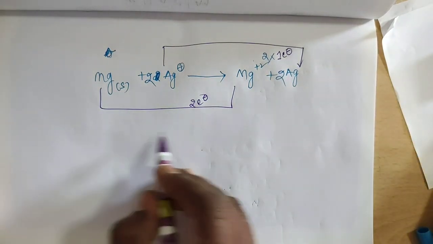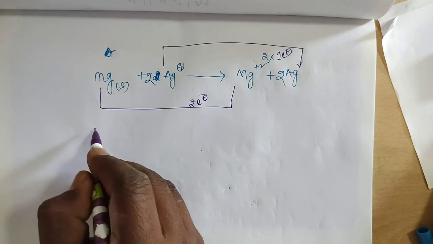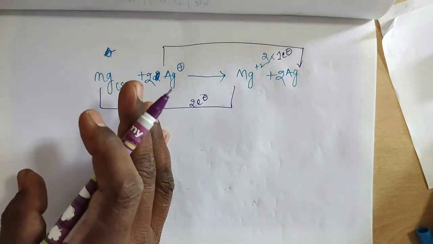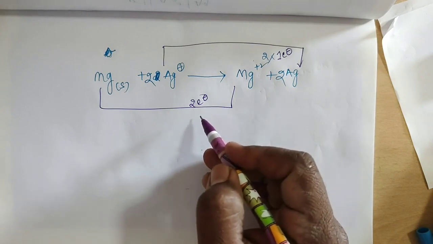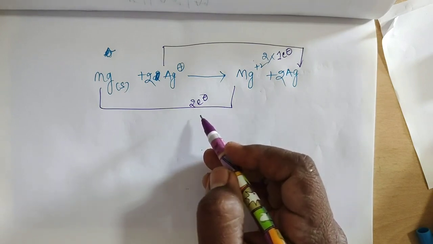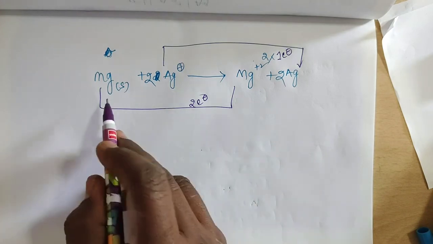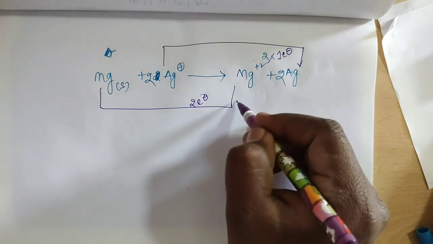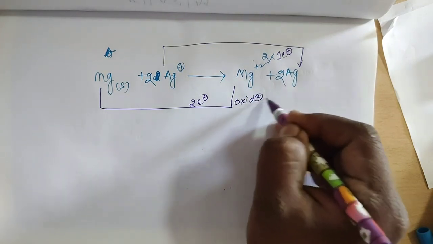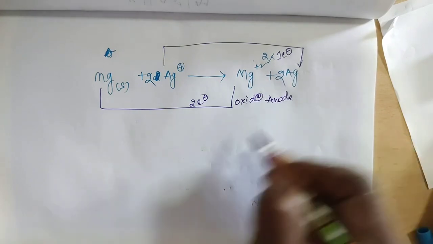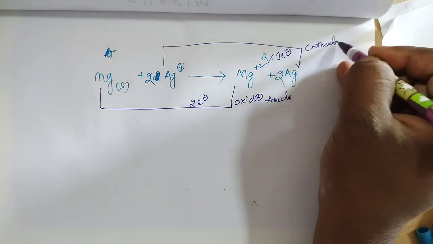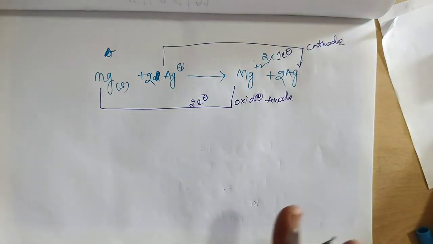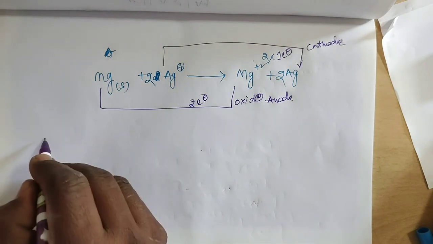And write the galvanic cell equation. How to write the galvanic cell equation? Left side is taken which one? Anode. Which one is anode? Which one has reduction taking place? That is the cathode. Which one has oxidation taking place? That is the anode. This is an oxidation, this is the anode, and this is a reduction, this is the cathode. So we find the anodic electrode and cathodic electrode, anode ion and cathode ion.